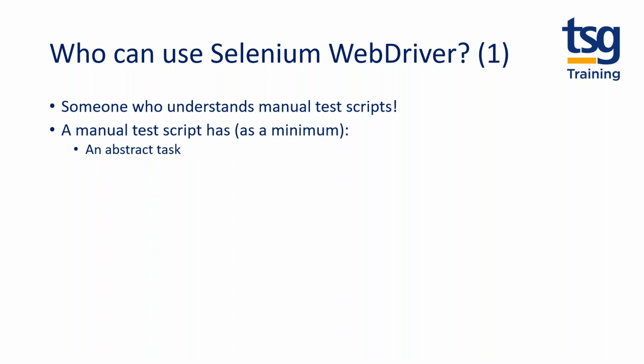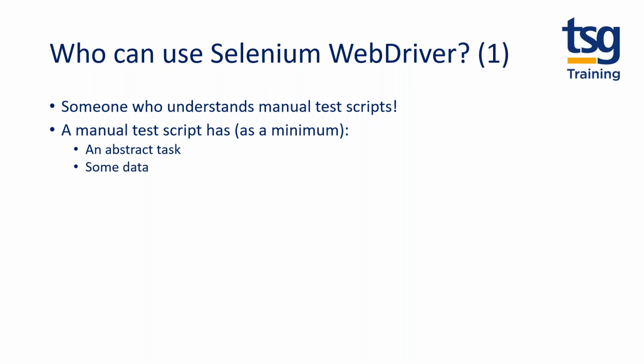It doesn't need to be changed when the actual software changes. For example, a task might be add record to database. This is an abstract idea. No matter what version of the database, this abstract task can be produced, assuming a manual tester has the domain knowledge to translate it into concrete actions.